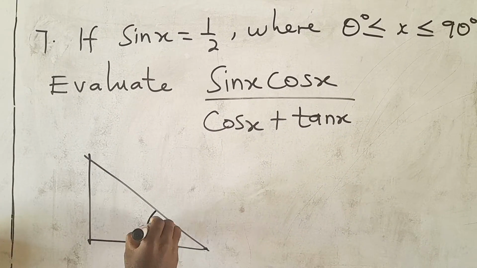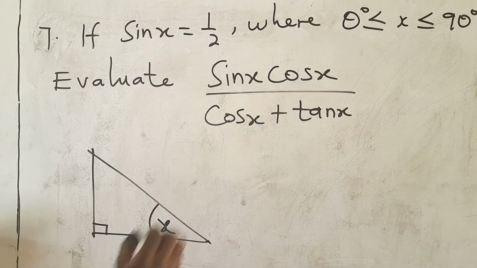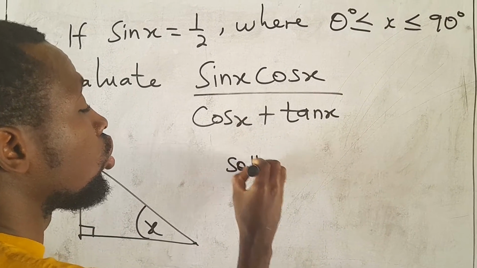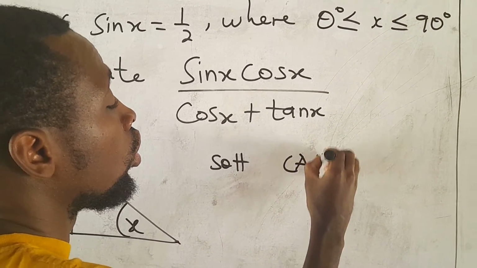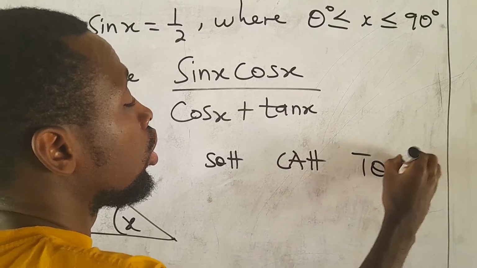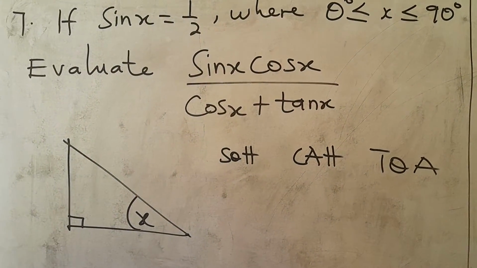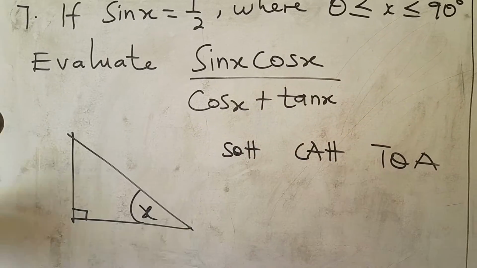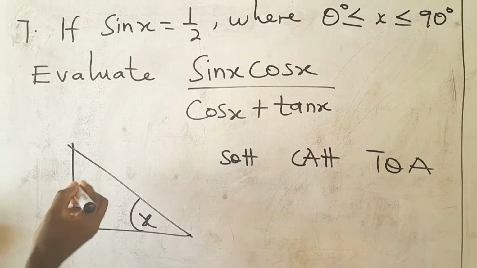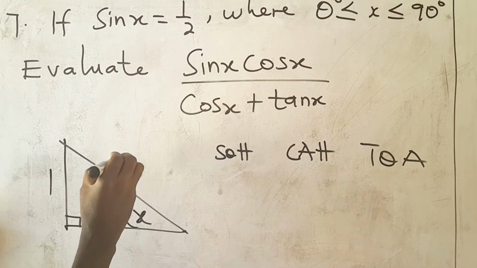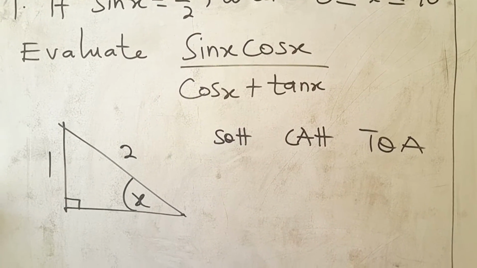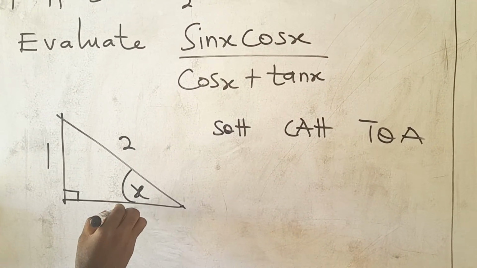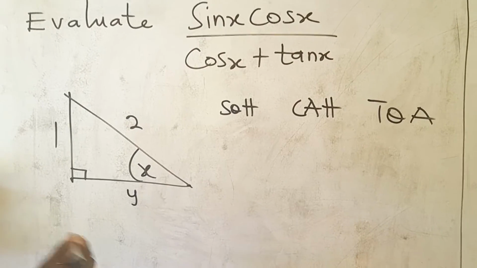So this will be our x, and sine is opposite over hypotenuse, which is given. So we can say our opposite is 1 and our hypotenuse is 2. Then we can find the adjacent, say y or any variable.